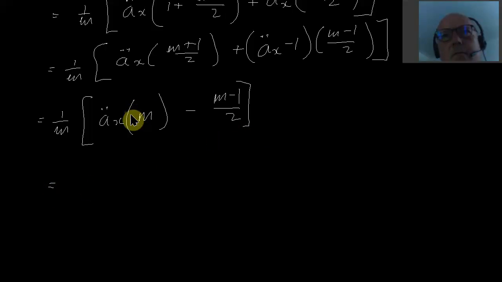Which is m and m cancel there, a double dot x, and you've then got minus m minus 1 over 2m.